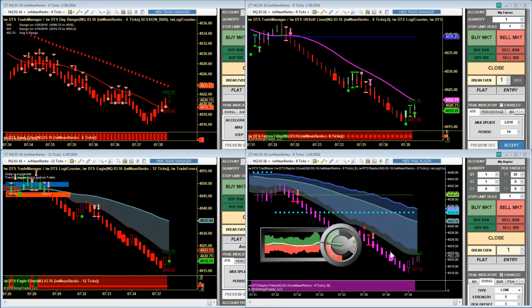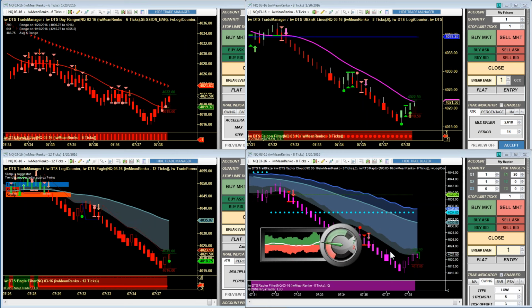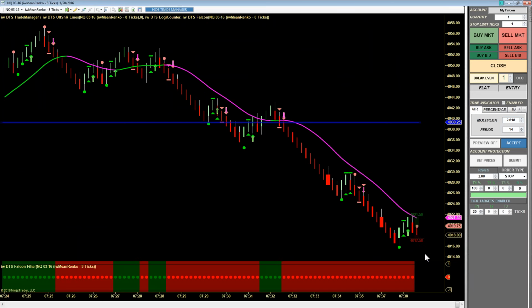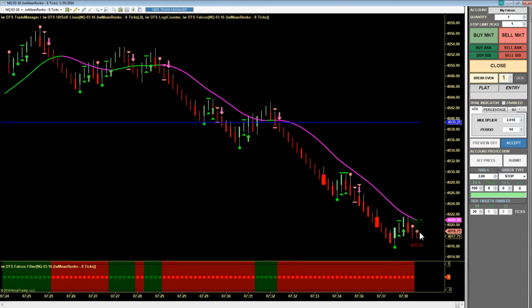Mike's asking, can you explain the logic counter again? Absolutely. What the logic counter does is it predicts where the current bar will finish. Again, this is an add-on, but this comes standard with DTS. And what it does is, you see how I'm getting these warning dots here? Let's say I wanted to short off based on this warning dot.